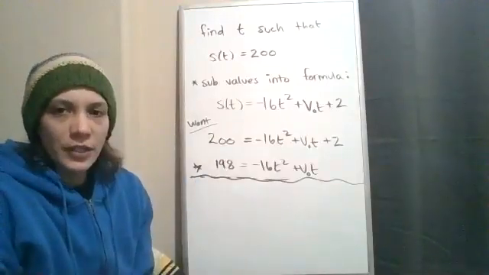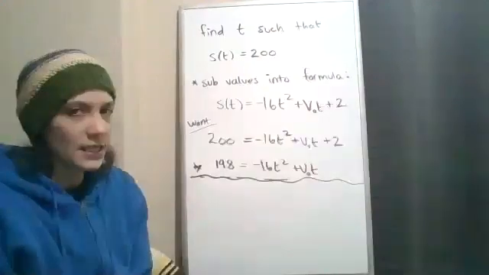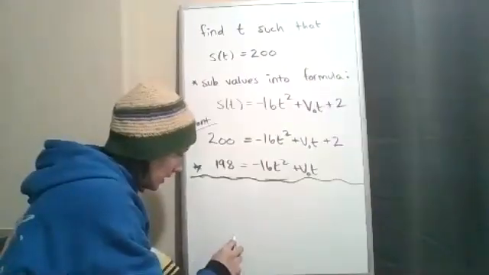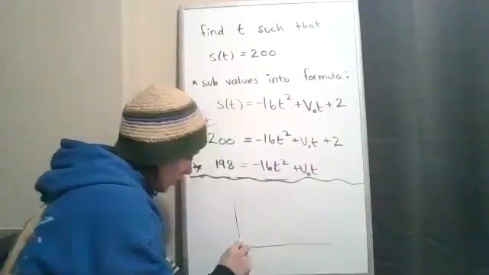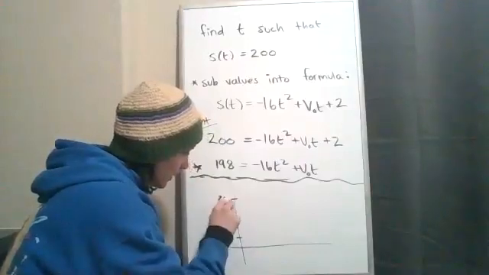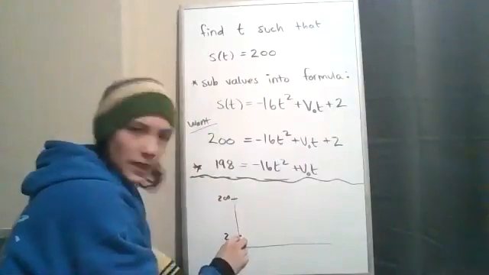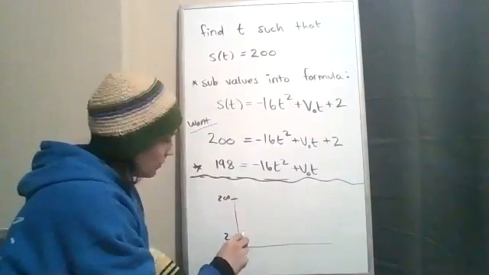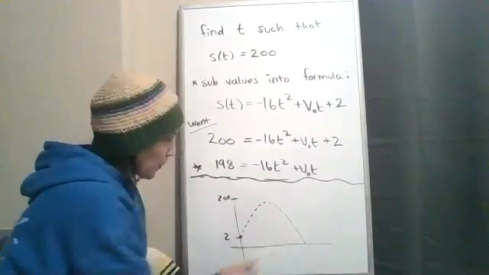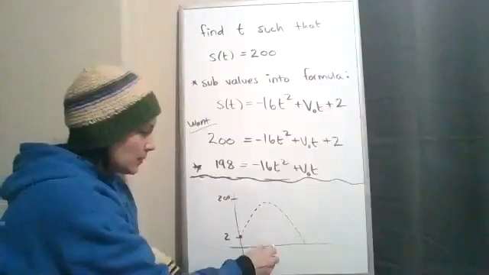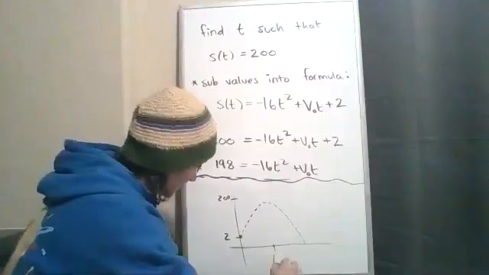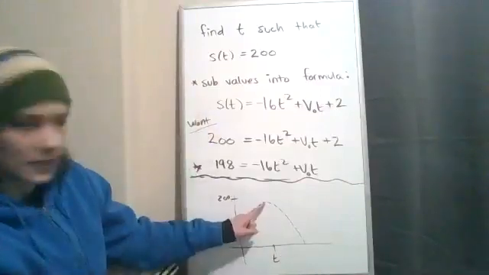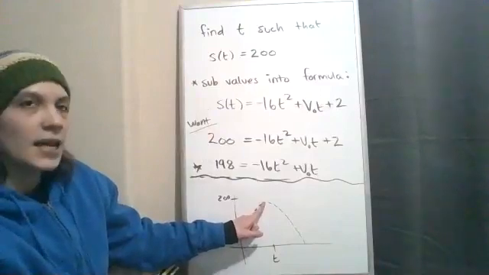Oh, I should have saved my picture. Well, let's draw this again. Between 2 and 200, a ball is traveling up and then back down. We're looking at some t value that corresponds to S of t being 200.